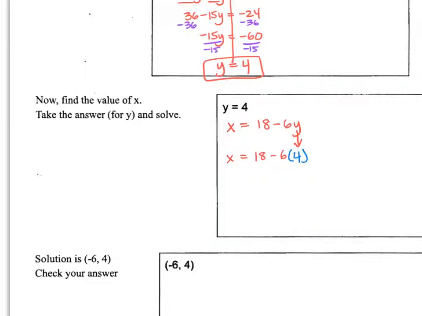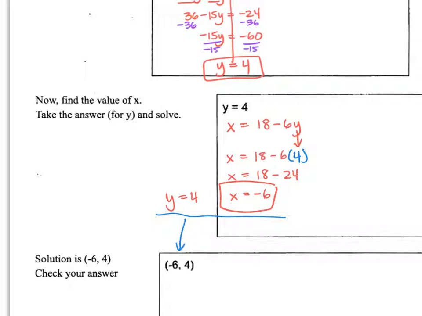I substitute the y with what I wrote in blue. This becomes 18 minus 6 times 4 is 24. And 18 minus 24 is negative 6. Since y equals 4 and x equals negative 6, that leads us to this answer. Remember that the x comes first. It's always the x and then the y.